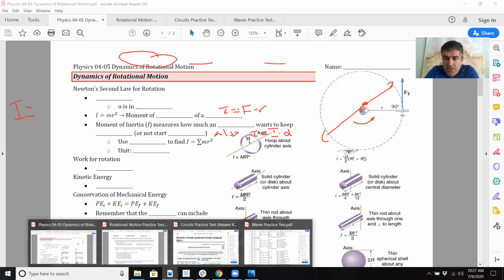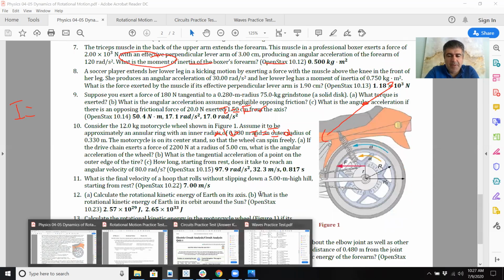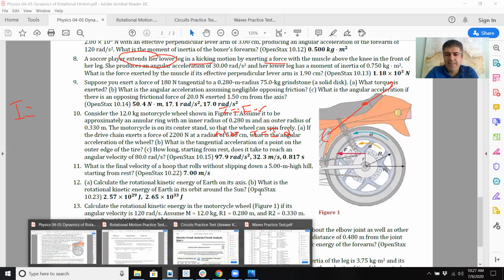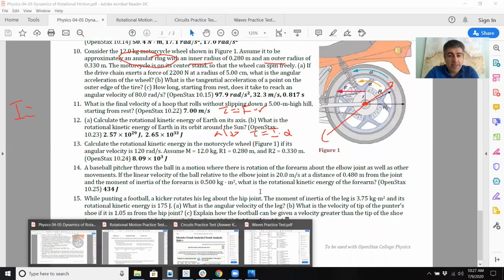Sorry about that. So that's the ring, like an annular ring. M over 2, R1 squared plus R2 squared. On a test I'd just give it to you and say, hey, I is this, so don't worry about that. But yes, that's what we have to use.